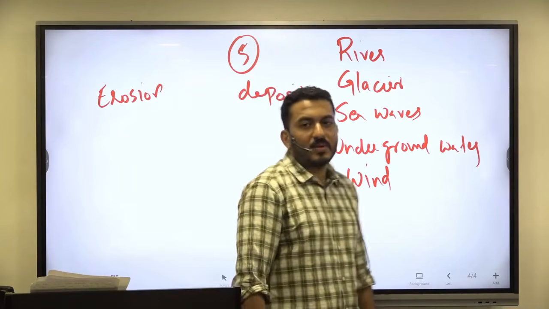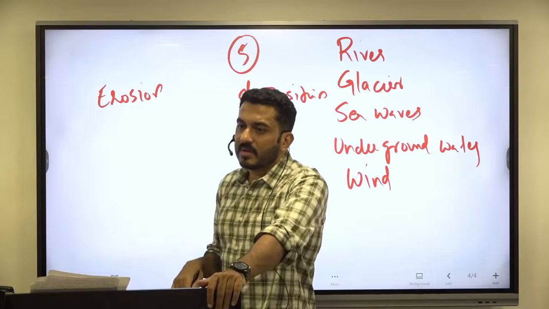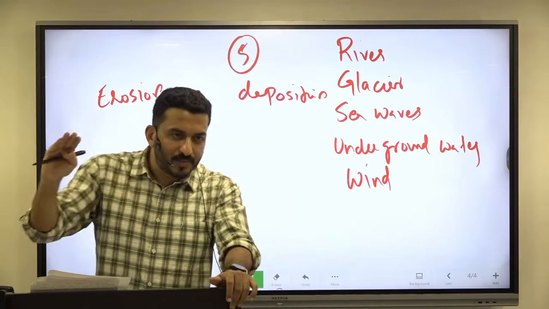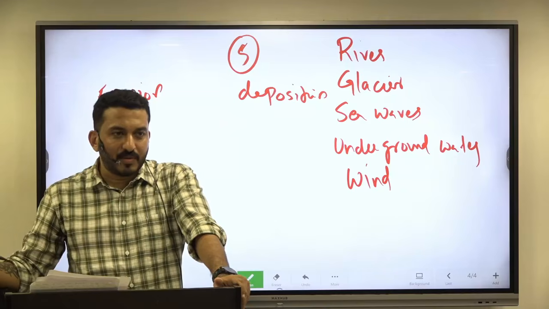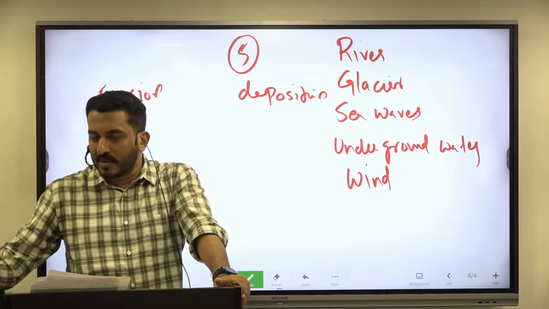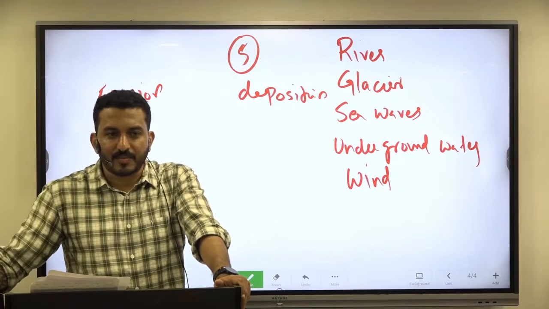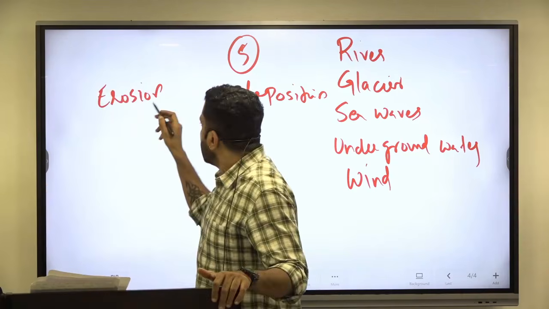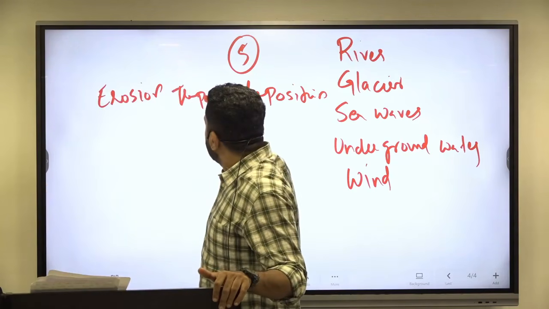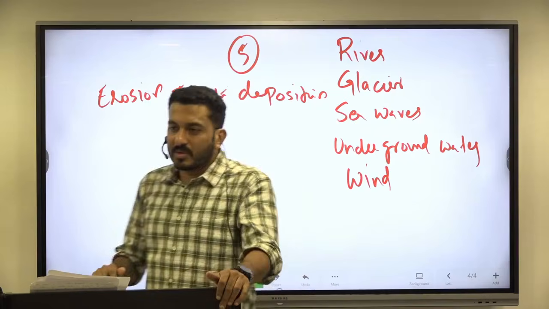In between, what is happening? The river will erode. This eroded material will be transported to some other point and deposited there. Yes or no? So that means erosion, transportation and deposition.